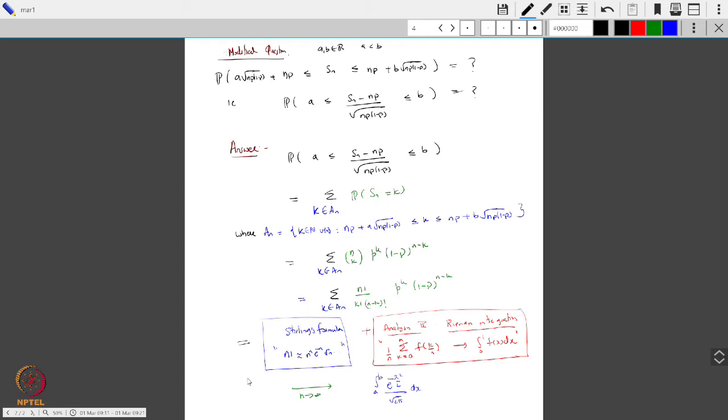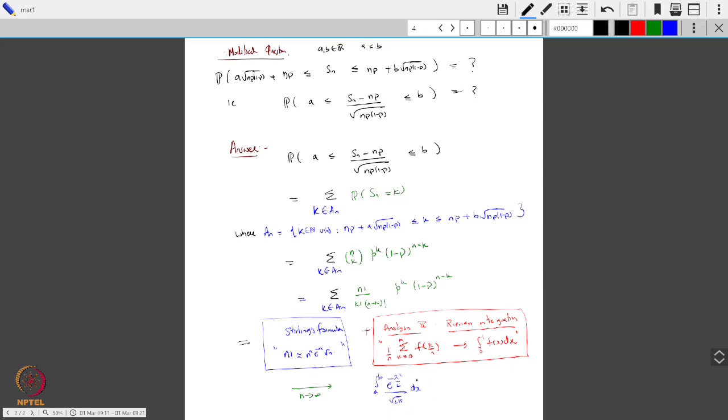So now, what have I shown? I've told you two aspects of it. One is that the probability that Sn minus np divided by square root of n times p times 1 minus p is between a and b was the correct thing to look at. And looking at the limit as n goes to infinity, it converges to this integral from a to b of e to the minus x squared by 2 over square root of 2 pi.